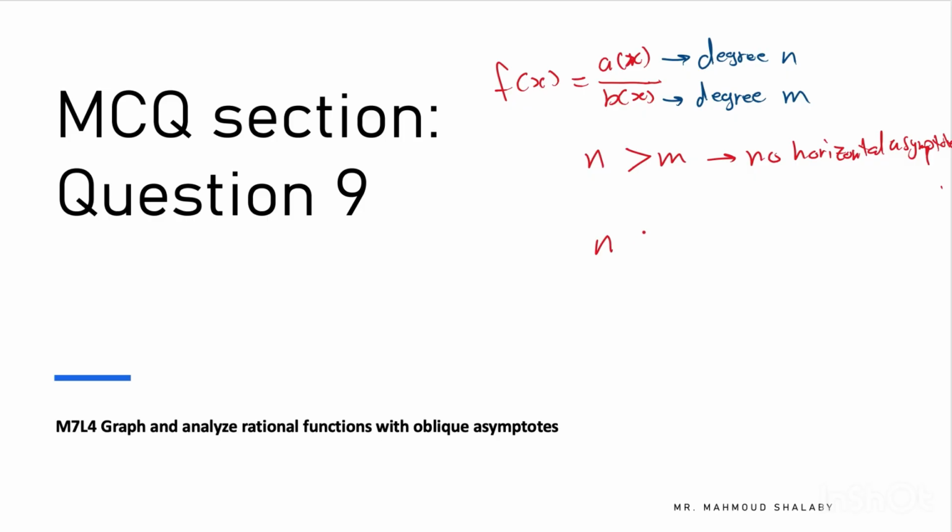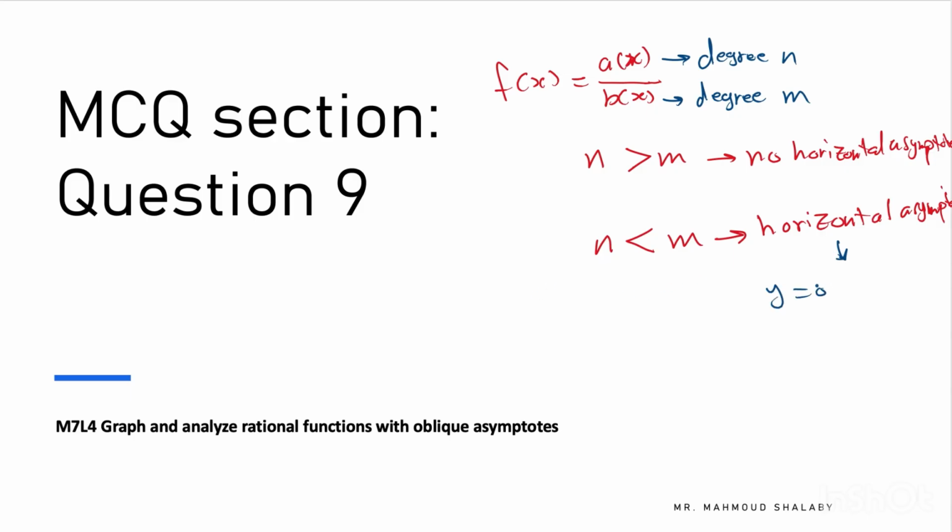What if n is smaller than m? In this case, we will have one horizontal asymptote. Sorry for the handwriting. However, if this is the case, this horizontal asymptote will be known.